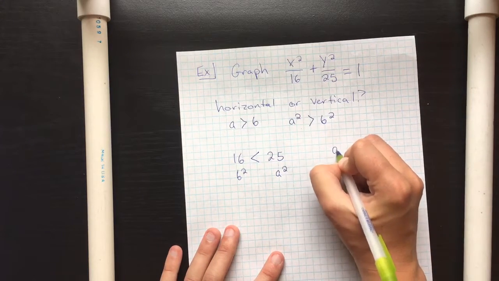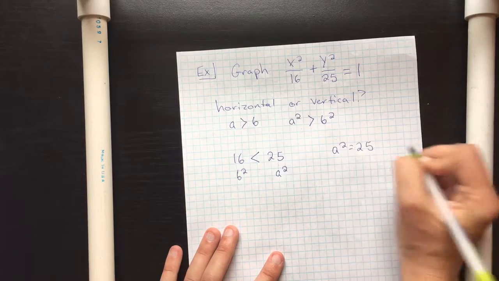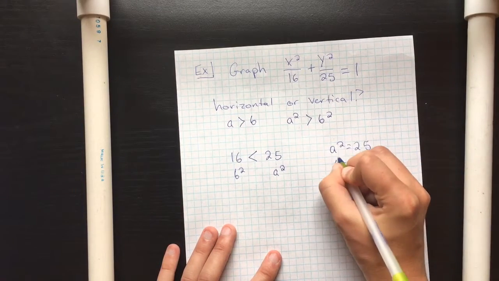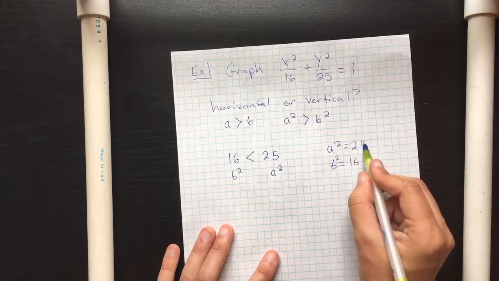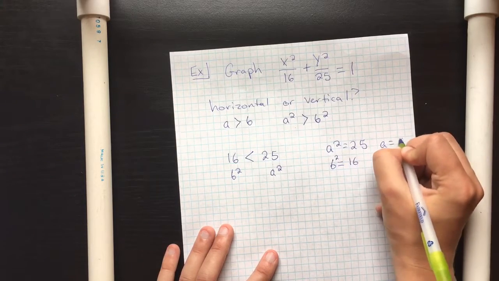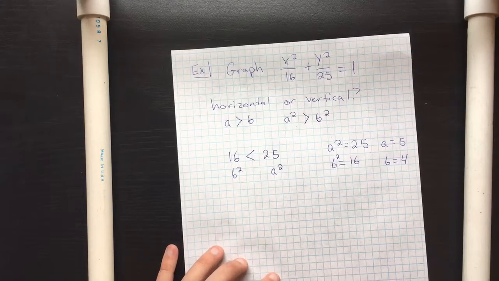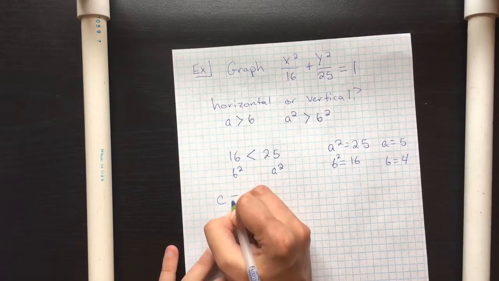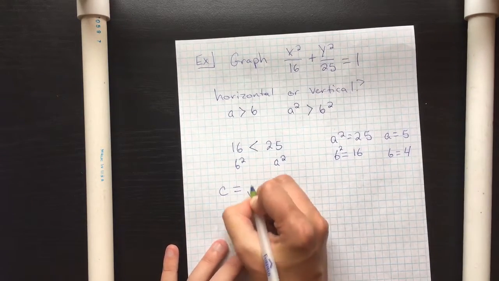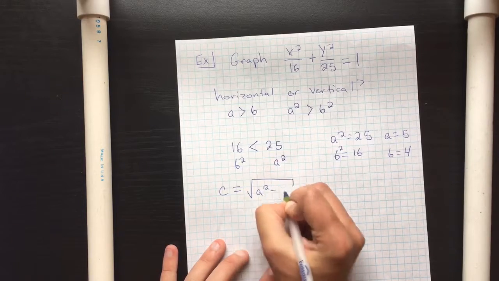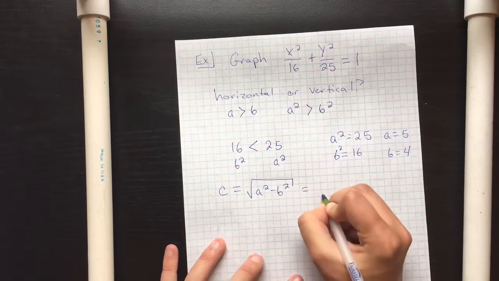So we can solve for a and b. So just take the square root of both sides. A equals 5, b equals 4. From there we can solve for c. So we know c equals the square root of a squared minus b squared.